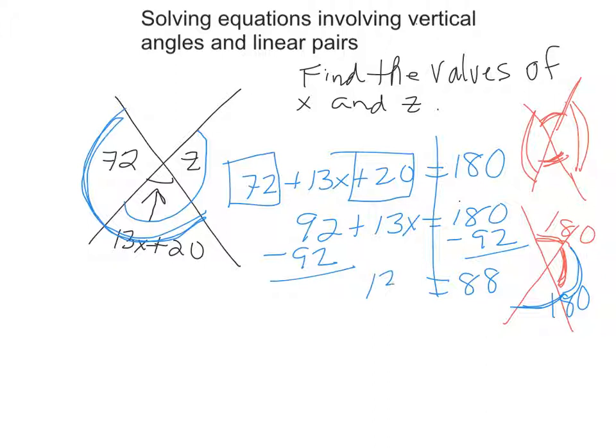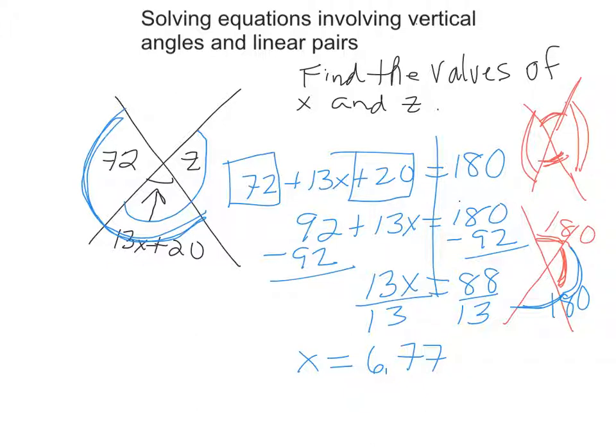And on this side the only thing we have left is 13x. To get the x by itself, we have to undo the multiplication. When we divide that by 13, that's not a very nice number. X will equal 6.77. I rounded it a little bit.